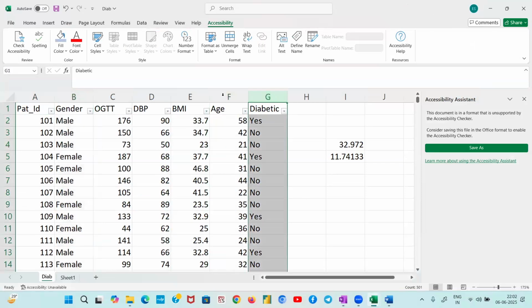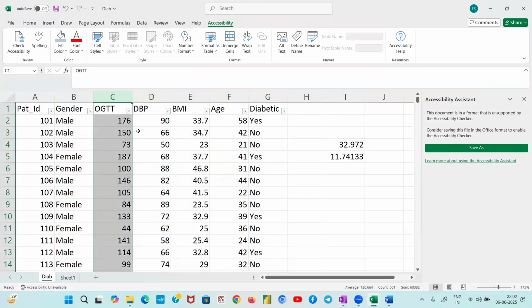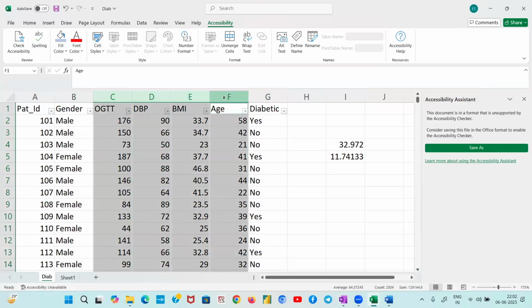Continuous data type means age, BMI, DBP, OGTT. For all these continuous data types, I can construct central tendencies, mean, median, mode, standard deviation, variance, and so on.